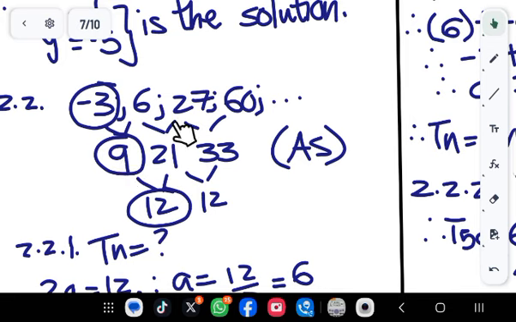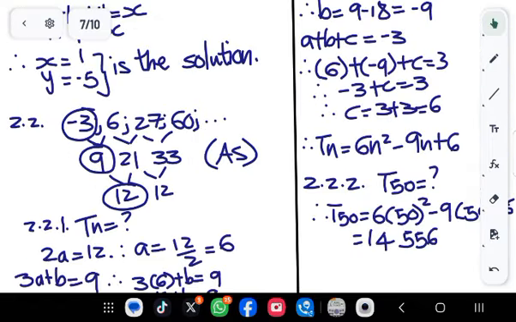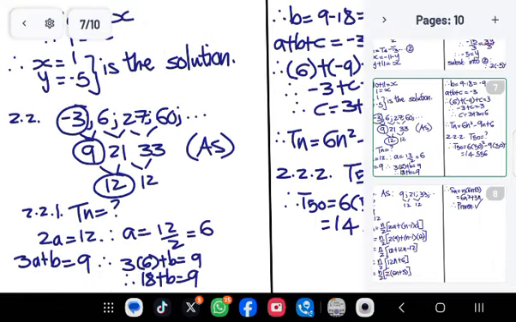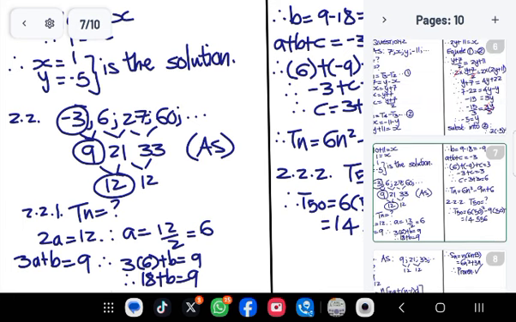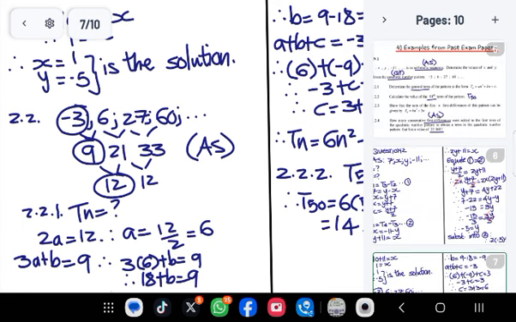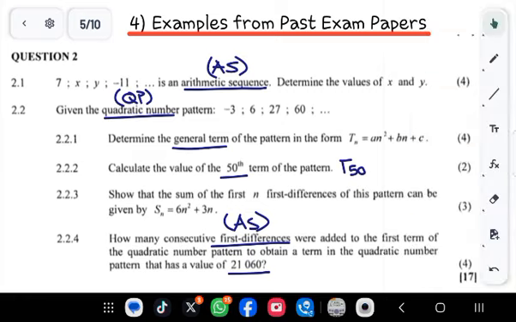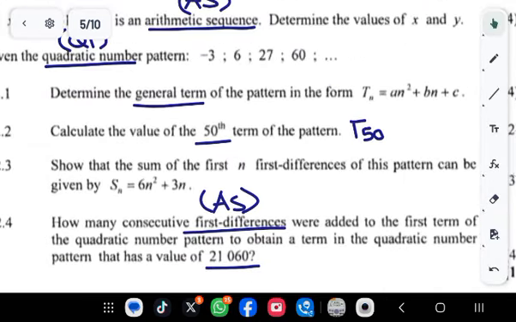To find the third one, we need to add 1, 2. To find the fourth one, 1, 2, 3. To find the nth one, we need to add n minus 1 terms. Now let's first find the term number, so that we can simply subtract 1, and that will tell us how many first level differences we had to add in order to get that.